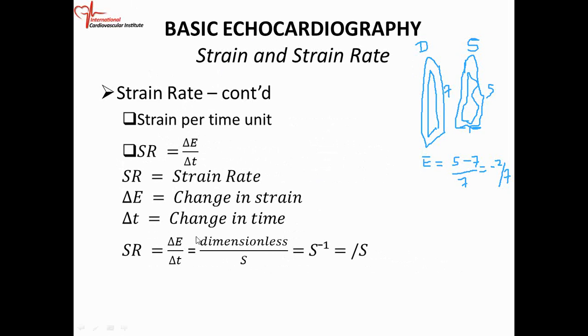Okay, so if you were to plug these in, your strain rate, so again, change in strain, strain has no dimensions, it's dimensionless, and it is divided by change in time, which is second. So the unit for strain rate is second to the minus one. Okay, it is second to the minus one.